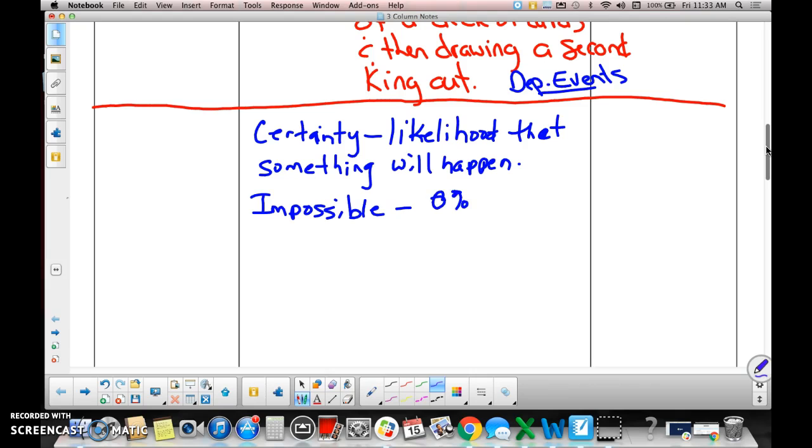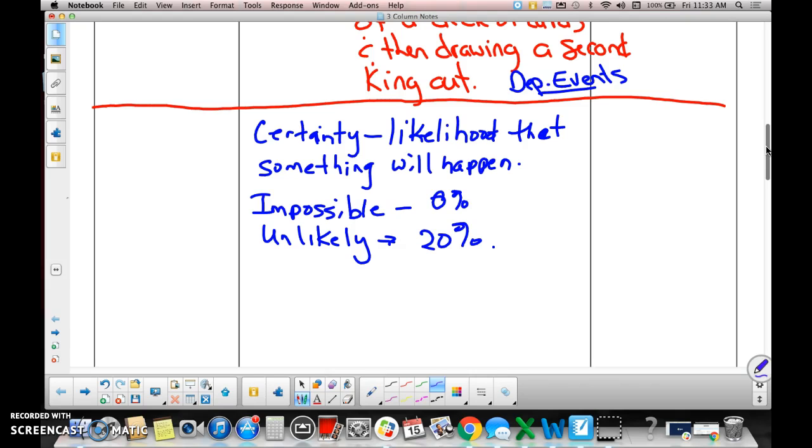What's our next possibility? Unlikely. If it's unlikely, what's the possibility of it happening? Unlikely, so probably not going to happen. Somewhere around 20% chance. We're just guessing on that one. Could be 10%, could be 1%.